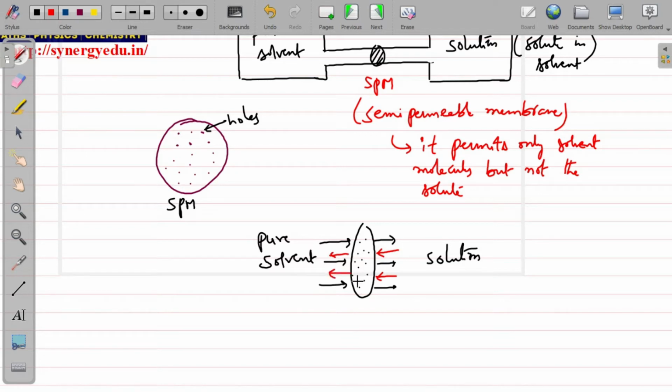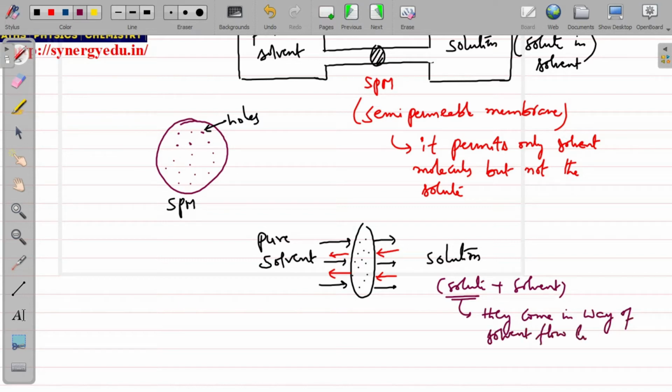But on the right hand side, since solute is also present along with solvent molecules, these solutes come in the way of the solvent flow to the other side. Suppose there is a pore and a solute molecule is coming and blocking it, then solvent molecules cannot go effectively to the other side.